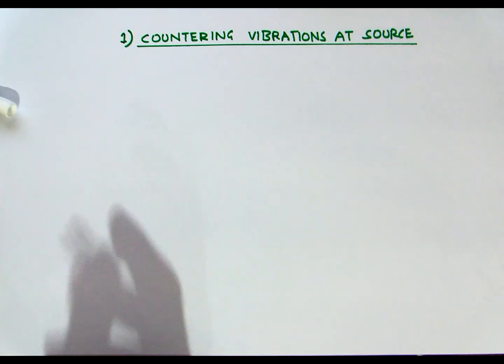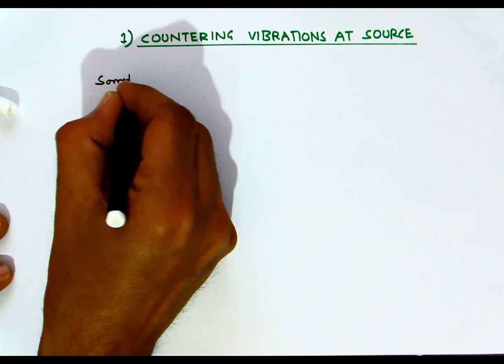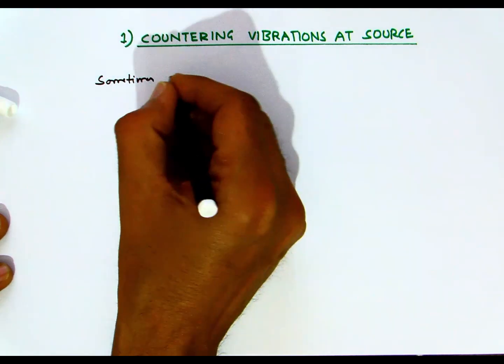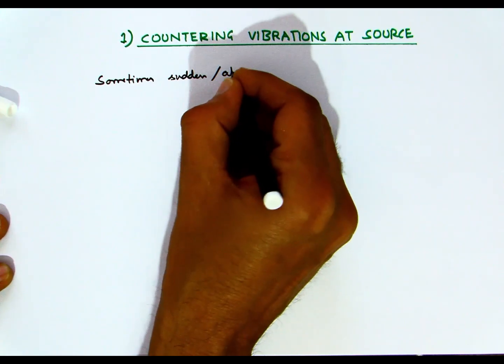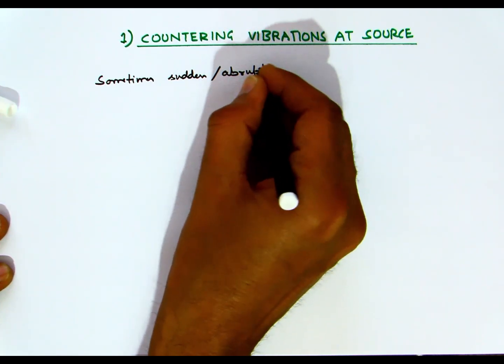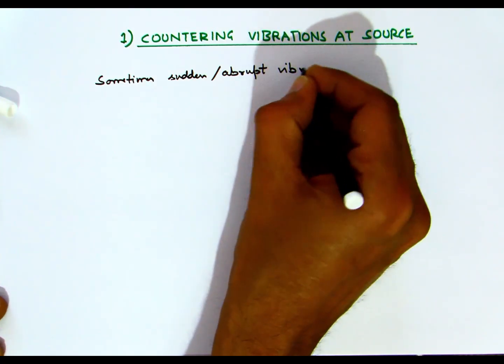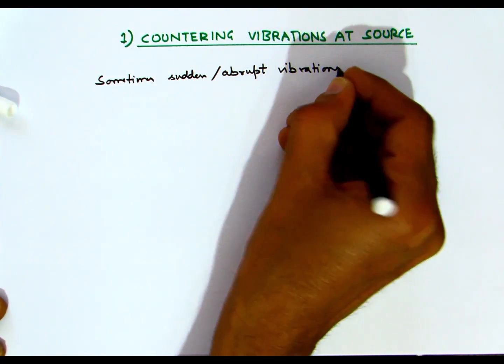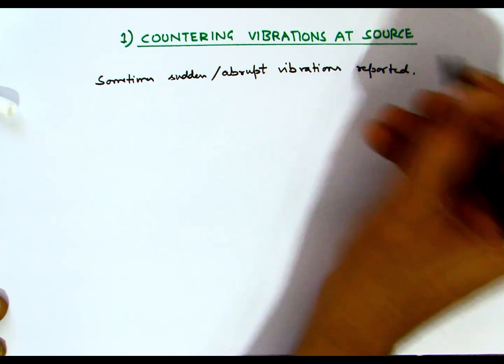The first type of remedial measure is to counteract the vibrations at the source itself. If at any time during the operation of the machine sudden abrupt vibrations are noticed, then we must consult the manufacturer or the expert.